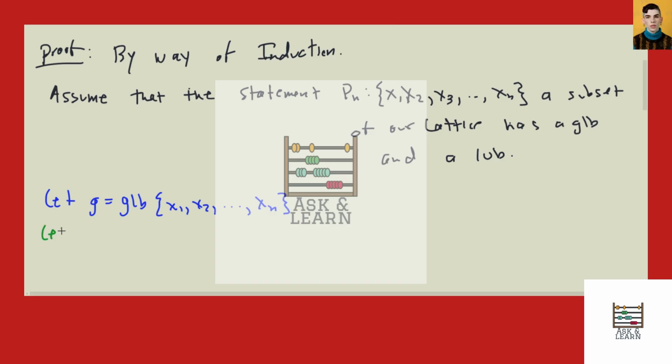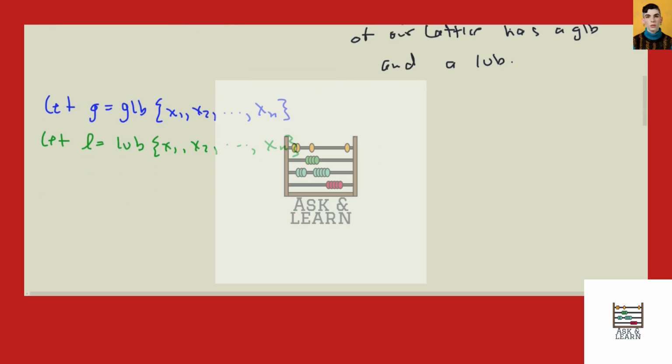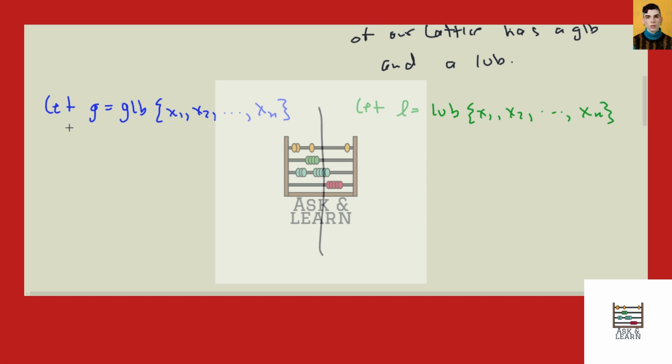And let's also let L be equal to the least upper bound of x1, x2, dot, dot, dot, all the way up to xn. All right, so we have that now. So we can break this up into two different things like this. So I'll just go ahead and go straight down the middle like that.